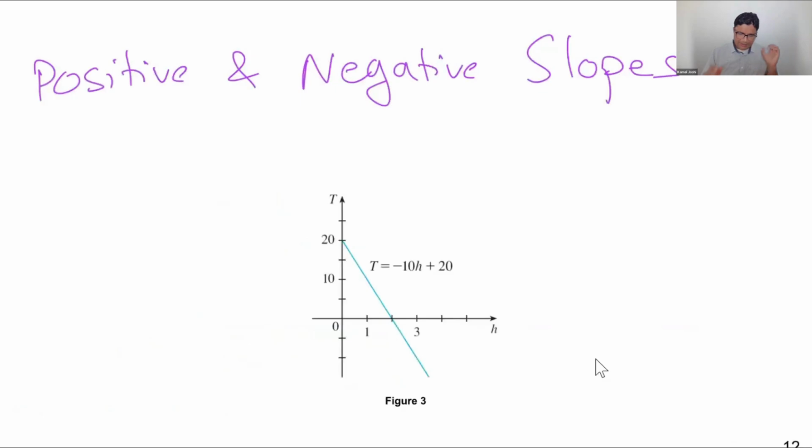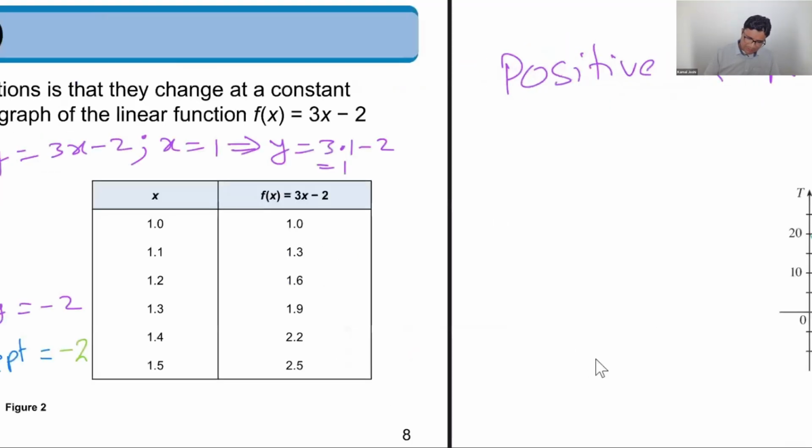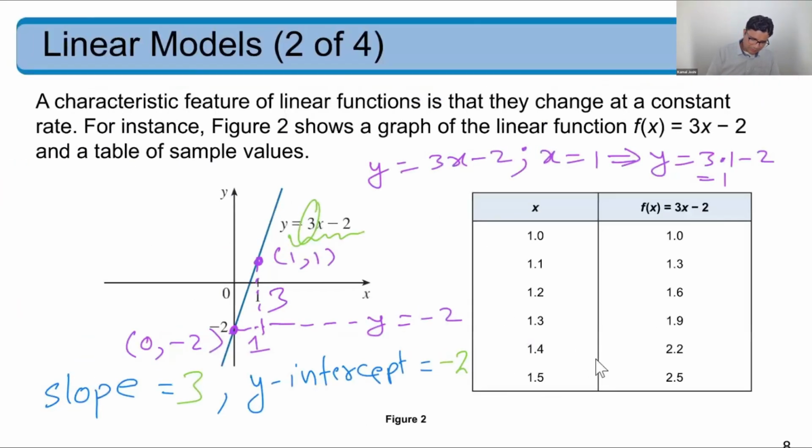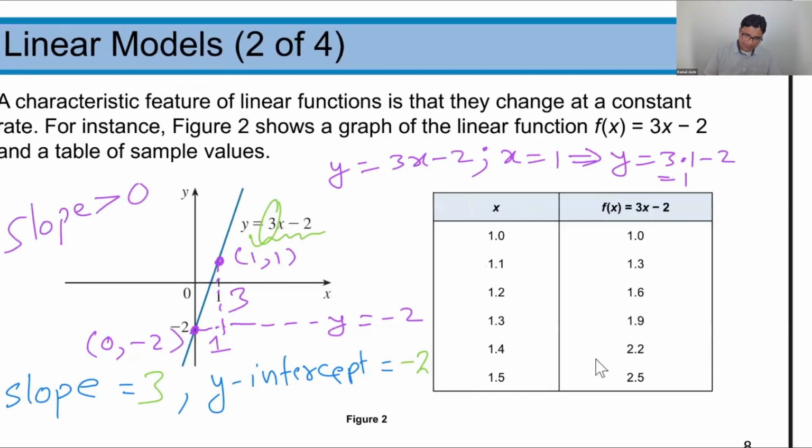And here is another concept I wanted to emphasize. The line that you saw here, its slope is positive. Slope is greater than 0, and you see it is tilted toward the positive x-axis on the right side.